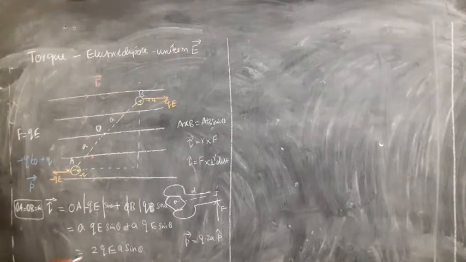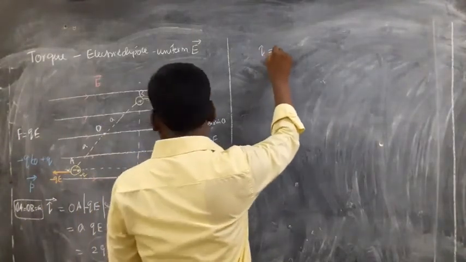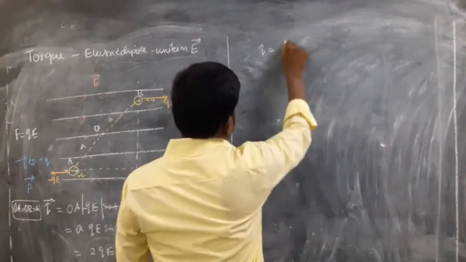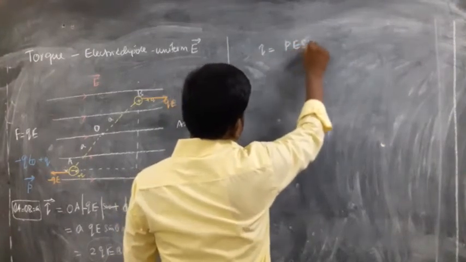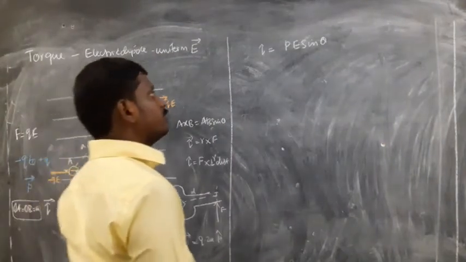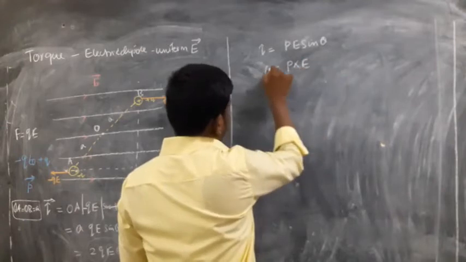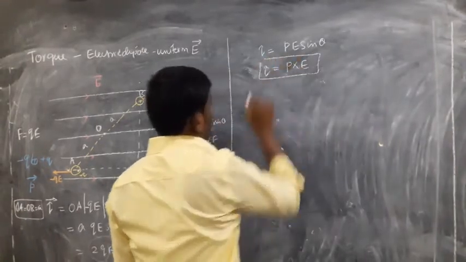Here 2qa is there, so we can write the total torque tau is equal to pE sin theta. Since A cross B equals AB sin theta, it's p cross E. So tau is equal to p cross E.